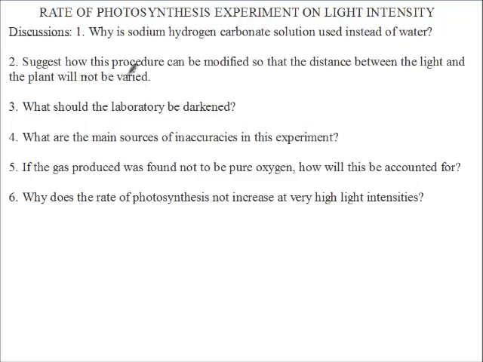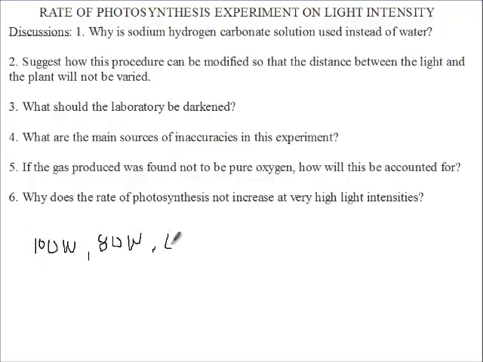The second one is, suggest how this procedure can be modified so that the distance between the light and the plant will not be varied. Now, light intensity reduces with distance. Light intensity also reduces with the power of the light. So if we have light of 100 watts, we can reduce it to light of 80 watts at the same distance.